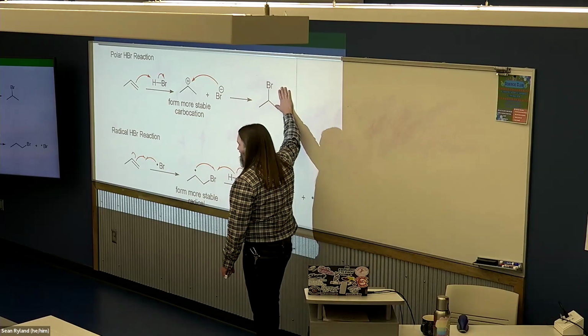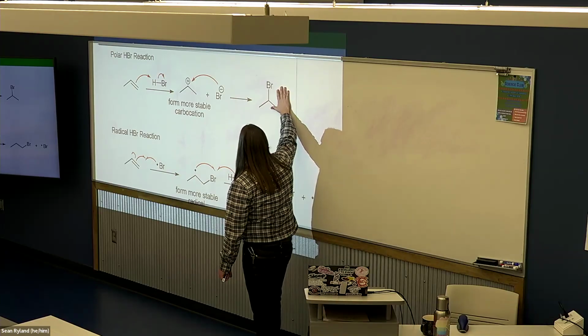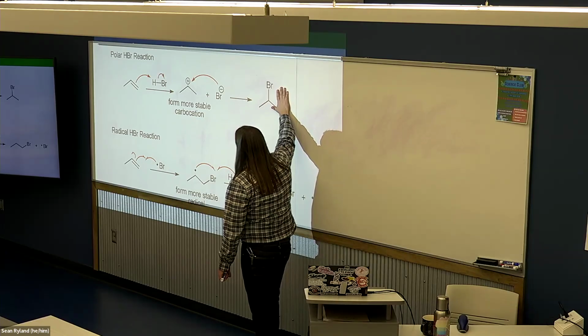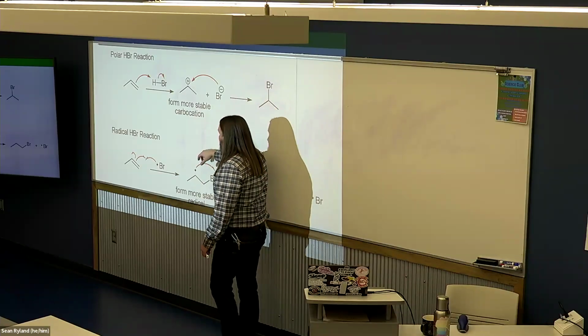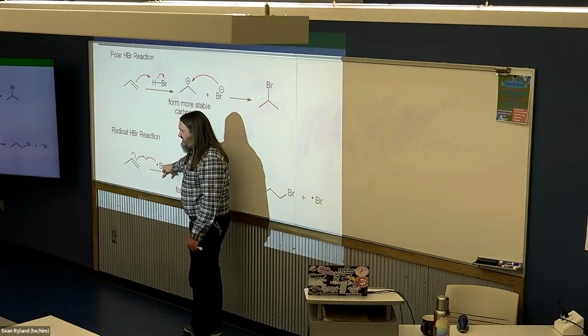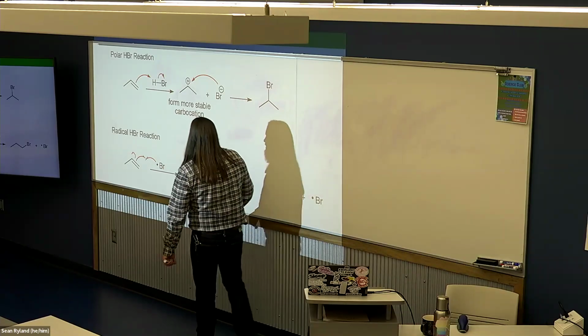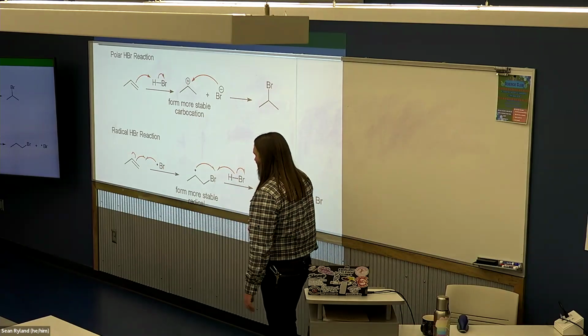So, under normal acid catalyzed conditions, we form the Markovnikov product. We put the bromine on the more substituted carbon. If we do this in the presence of hydrogen peroxide and a little bit of light, we get the anti-Markovnikov product.